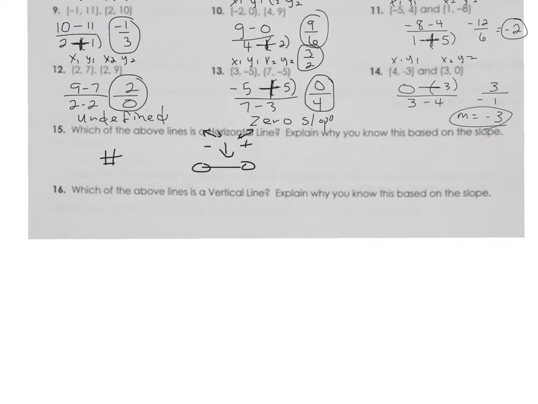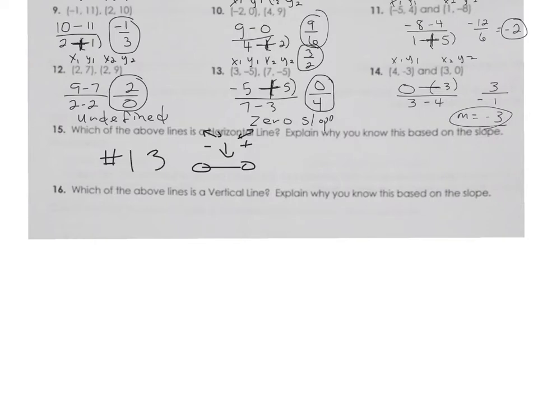That face reminds me that when we look here at the horizontal line has the zeros on the end on that face. So we know that this would be number 13.